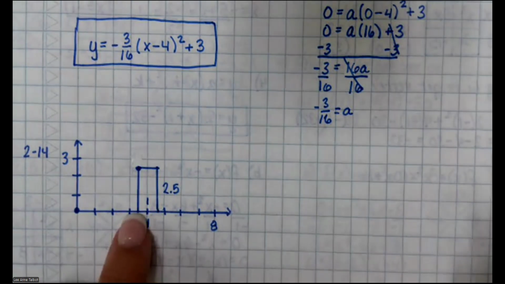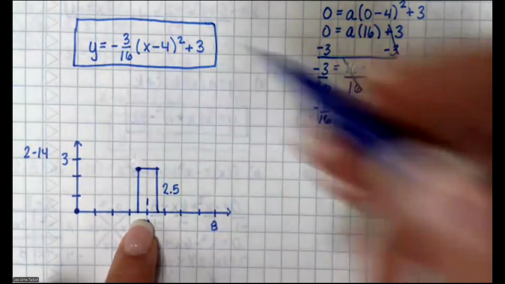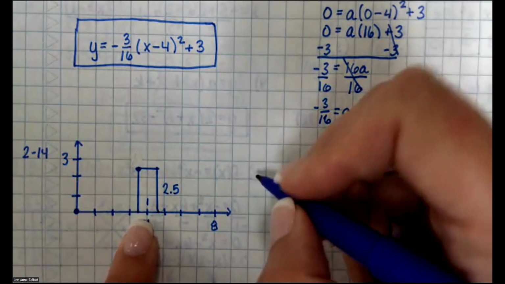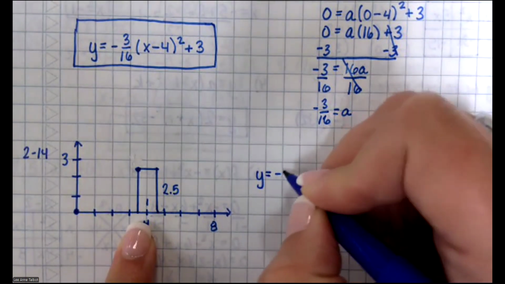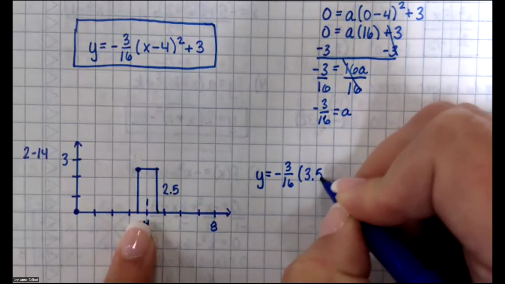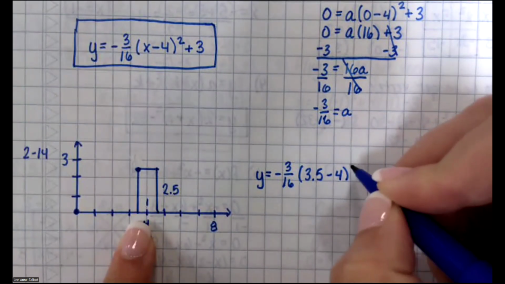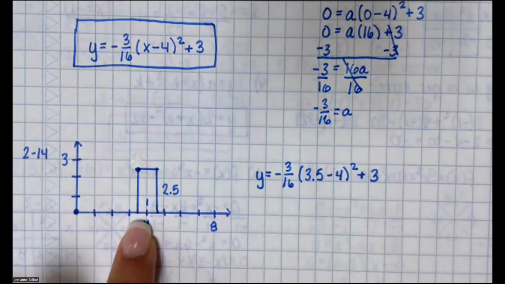So we're gonna plug 3.5 into our equation to see if it clears the fence. So y equals negative 3/16 (3.5 minus 4) squared plus 3.